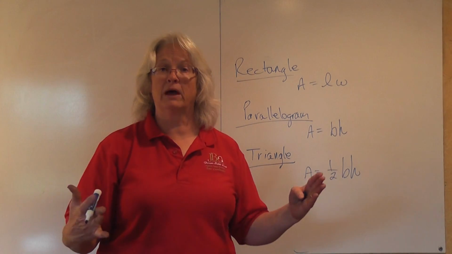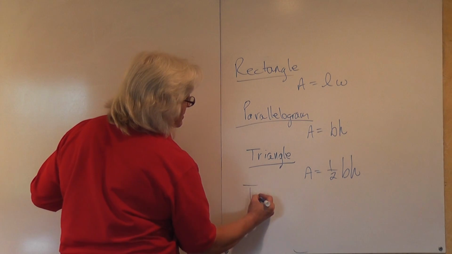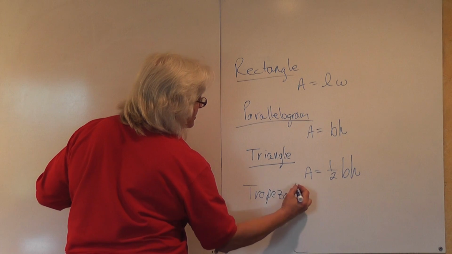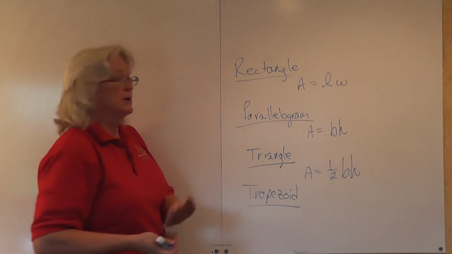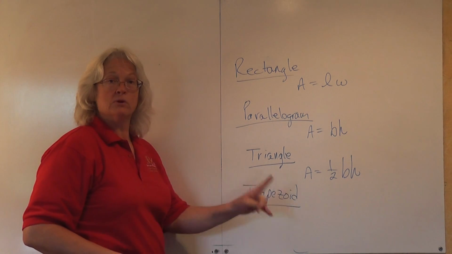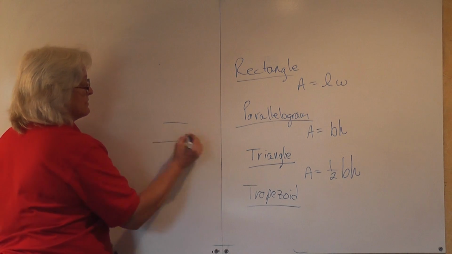And then we talked about a trapezoid. A trapezoid is similar to a parallelogram, except a parallelogram has two pairs of parallel sides and a trapezoid only has one pair. Remember, a trapezoid sort of looks like this.